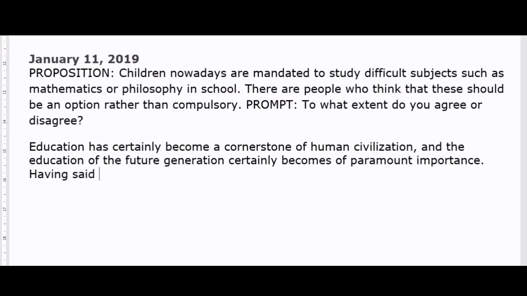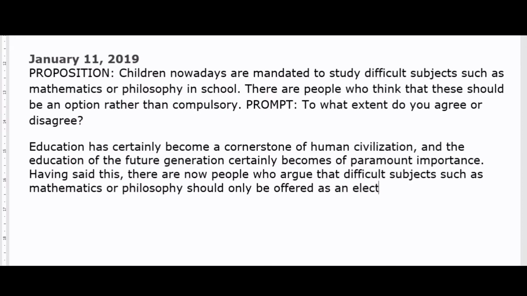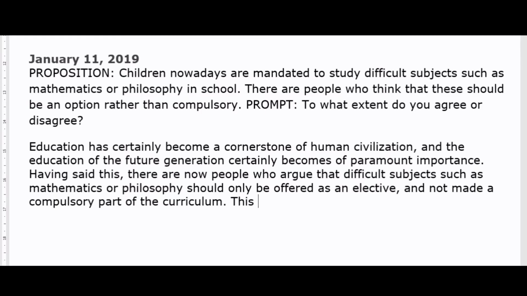Having said this, there are now people who argue that difficult subjects such as mathematics or philosophy should only be offered as an elective and not made a compulsory part of the curriculum. And then I'm now moving into the forecast statement. This essay will investigate these conflicting views.